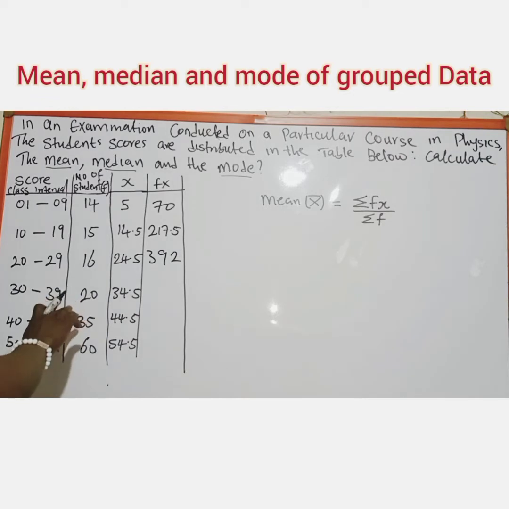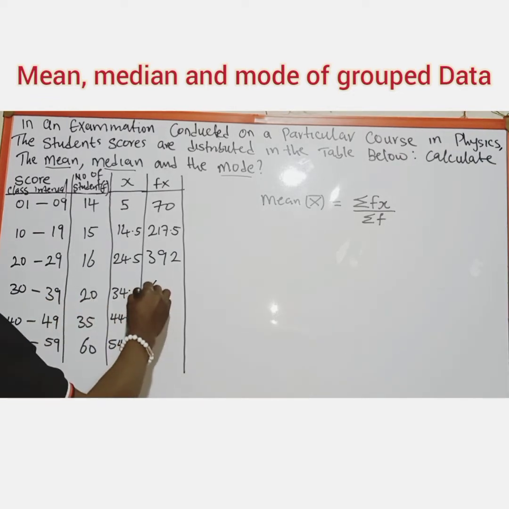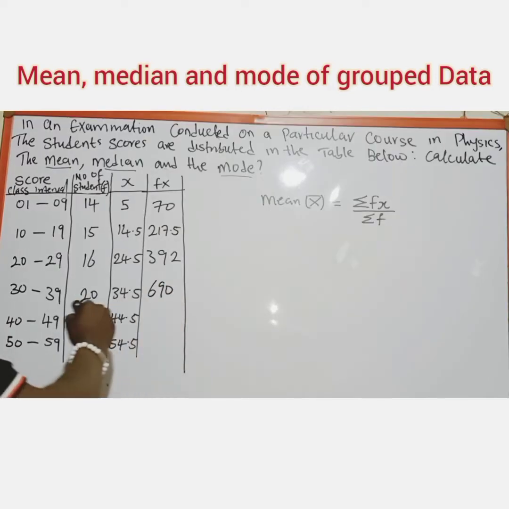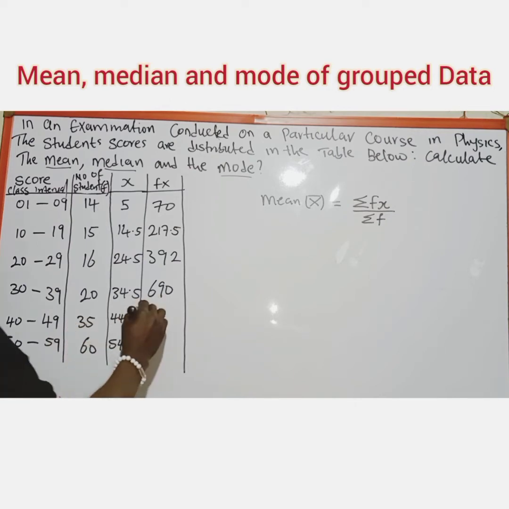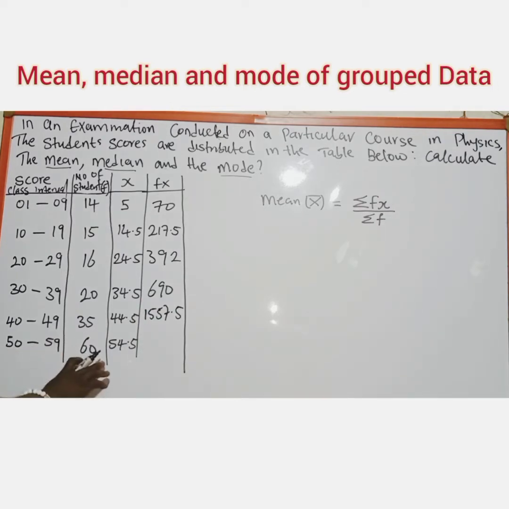Then 20 multiplied by 34.5, it will give me 690. The next one is 35 multiplied by 44.5, it will give me 1557.5. Then the last one is 60 multiplied by 54.5, it will give me 3270. So we have successfully got our f and f times x.